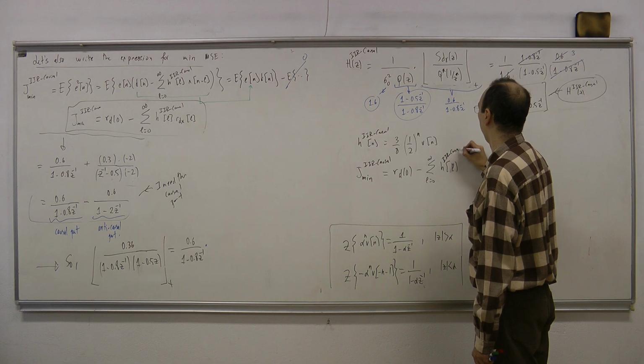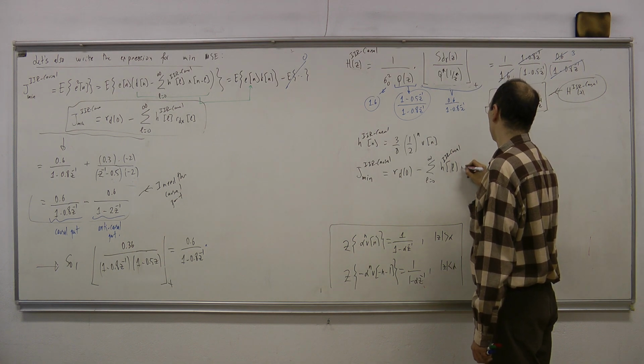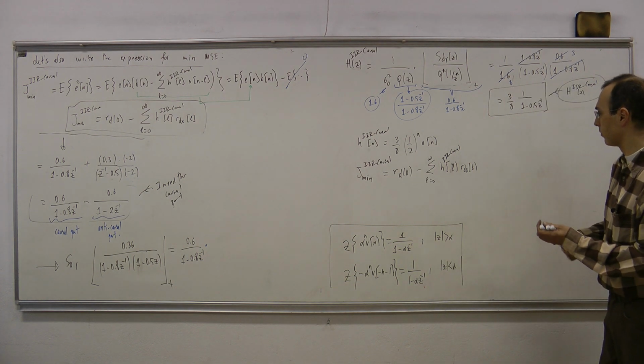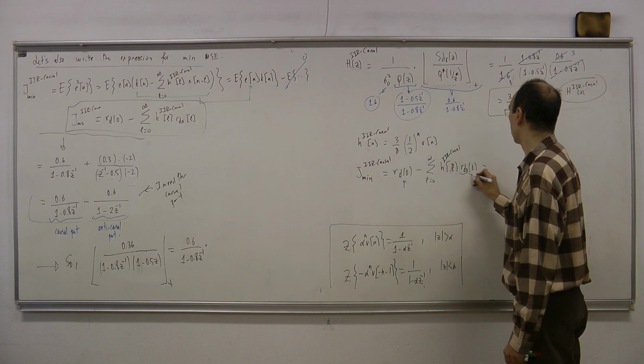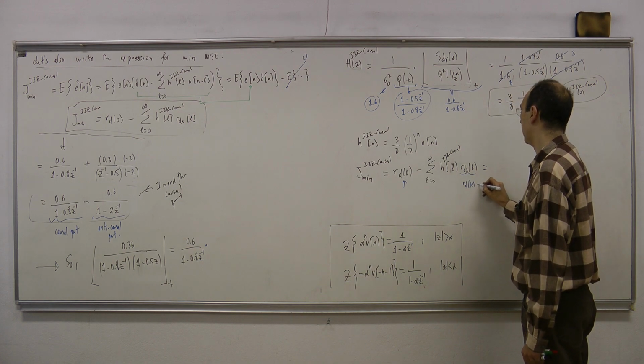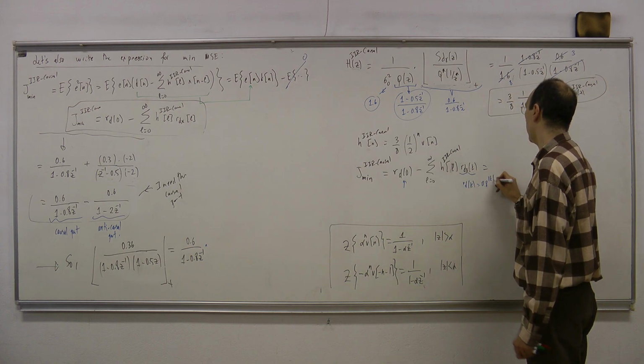Then this is R_dx of k. So if I substitute values, R_d of k is 0.8 to the absolute k.